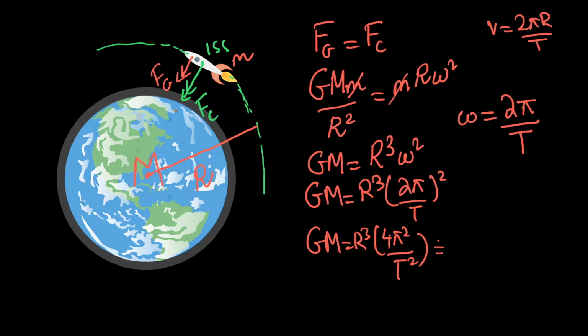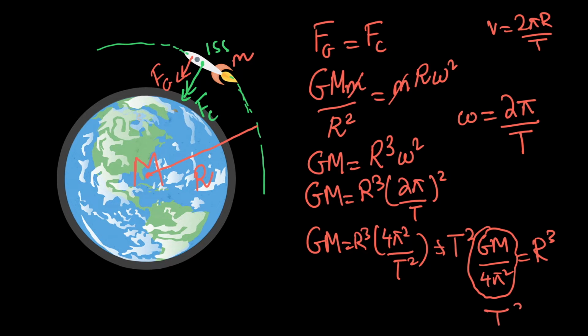So you end up getting T square into GM, and let's bring 4 pi square over here as well, 4 pi square is equal to r cube. Now G is constant, M is constant, 4 is constant, and pi square is also constant. So all of this clubbed together, you get T square proportional to r cube.